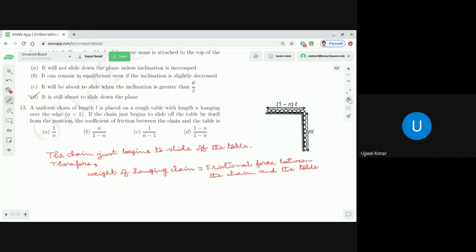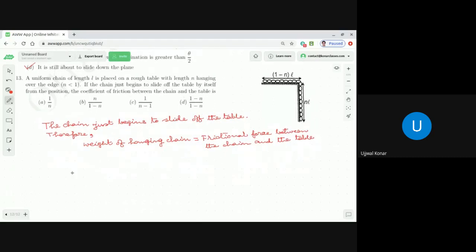So what we can conclude from here? Now we can give a mathematical formulation for this statement, that weight of the hanging chain is equal to the frictional force between the chain and the table. So weight of the hanging chain will be what? M by L into NL into G. Correct or not? That should be equal to M by L into L into 1 minus N into G into mu.